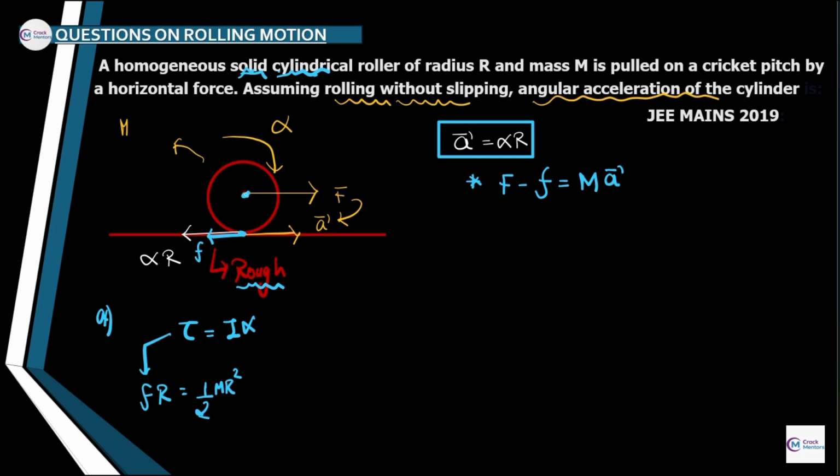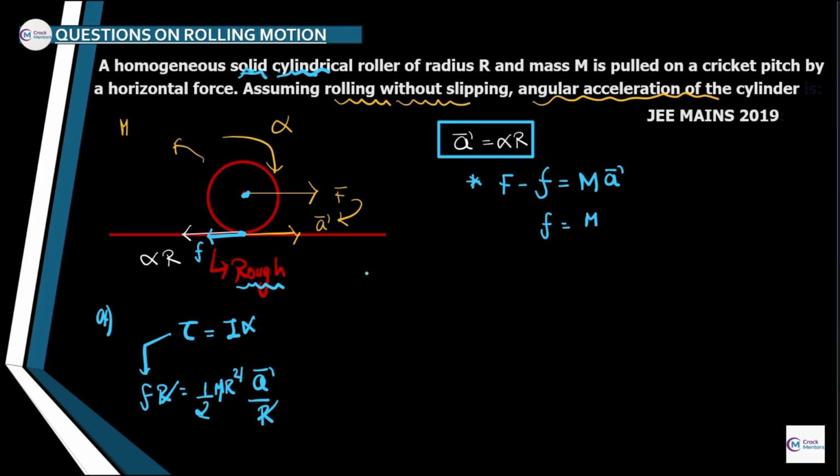The axis of rotation is the z-axis, as you can see, about this point, and it is moving in the xy plane. That is why I have written half m r squared times alpha. Now alpha is nothing but a upon r, acceleration upon r. So what is going to be the friction then? The r's are going to cancel out.